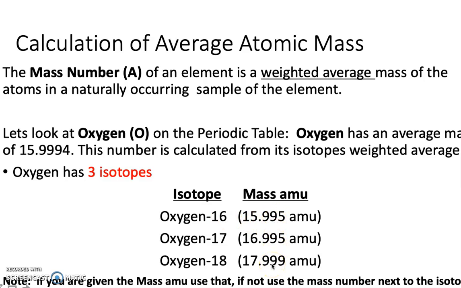So at the bottom, note, if you are given the mass in AMU, use that. That takes priority. If not, use the mass number next to the isotope. So if you have the actual mass of the atom itself, use it. If you don't have it, use these three numbers. Very simple. You have to remember that.